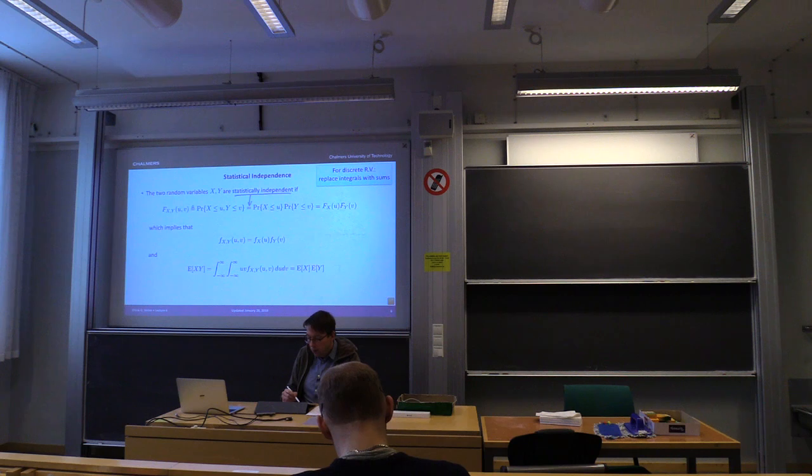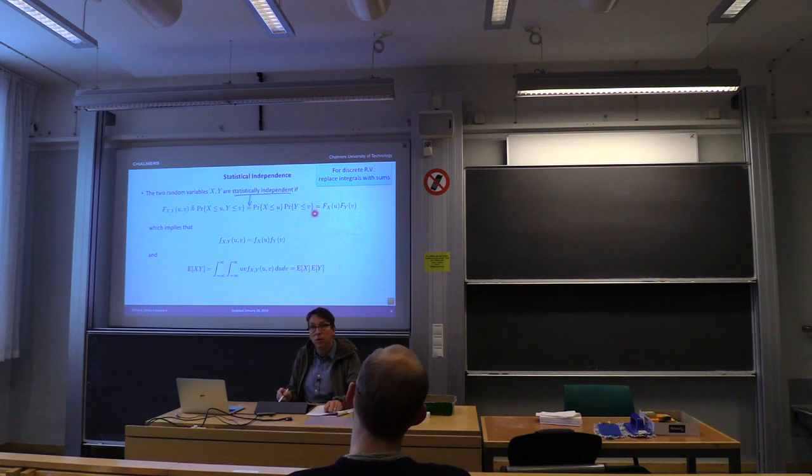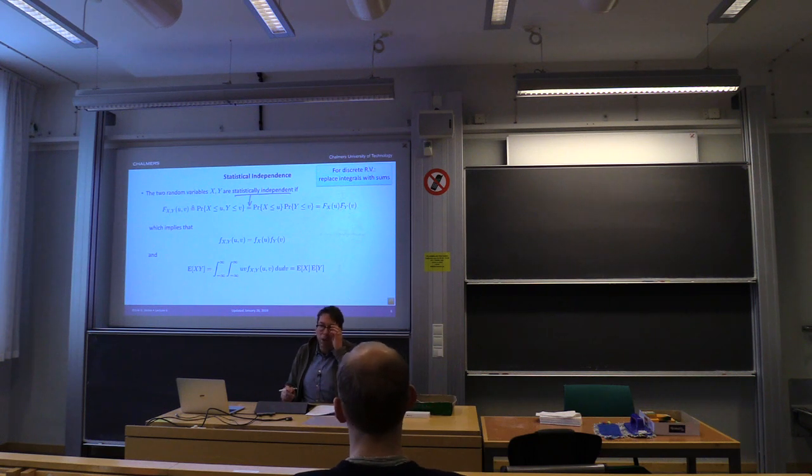Okay, and the equality is that the probability of the joint event is the product of the probability of the individual events. Sorry. Okay, and these are just the product of the two CDFs. So in words, two statistically independent events are two uncertain things, but we have no reason to think they are related. So for instance, if I flip a coin in this room, that's a random event.